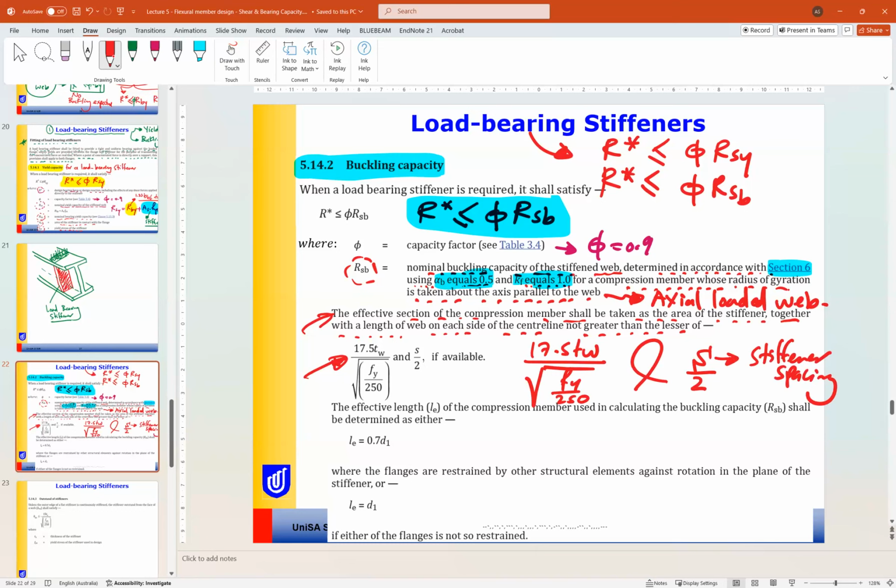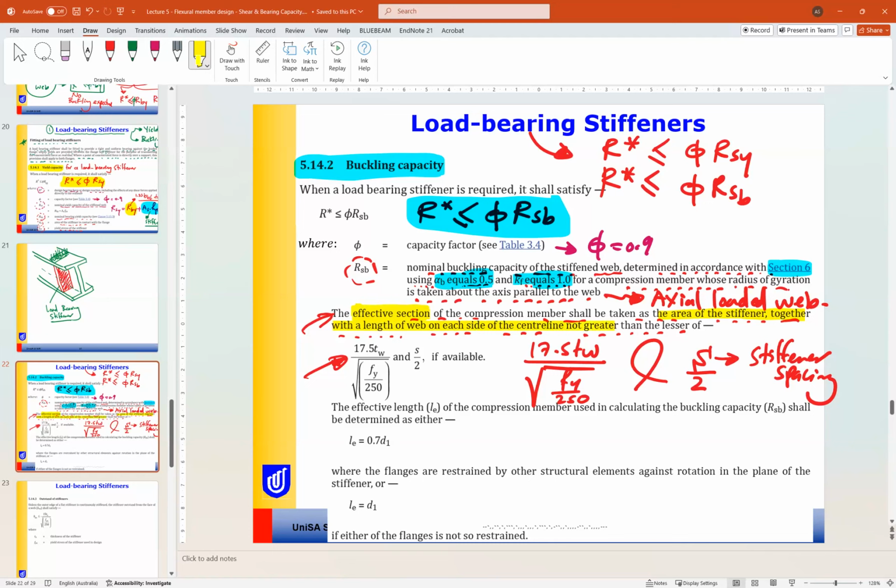Okay, so when we are calculating the effective section for the stiffener, it is the area of stiffener together with the length of the web on each side of the center line, not greater than the lesser of these two.